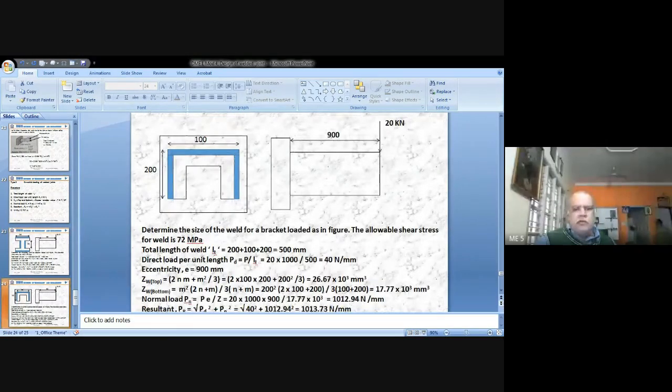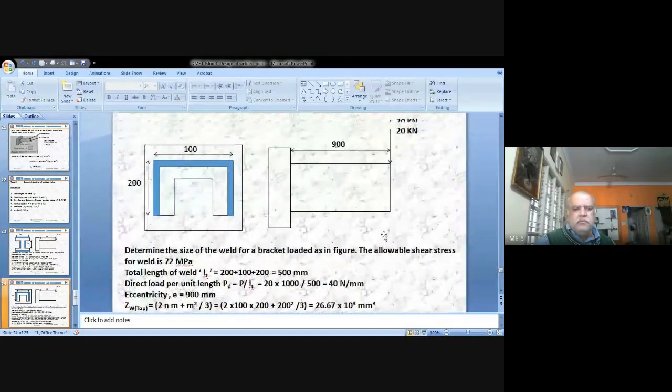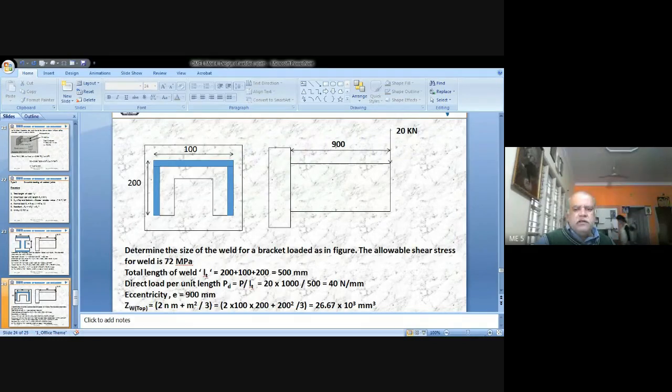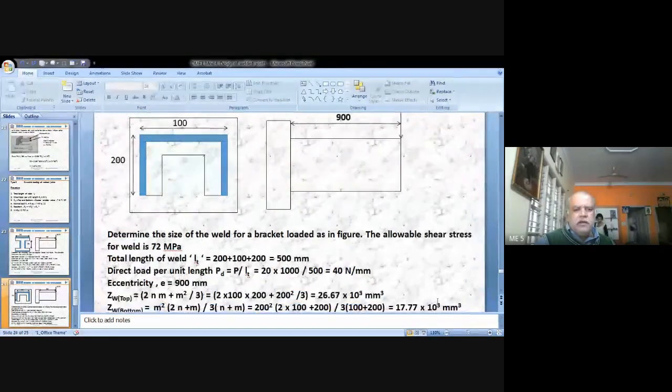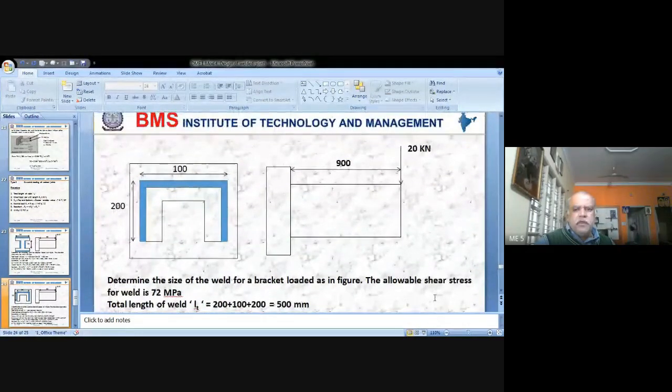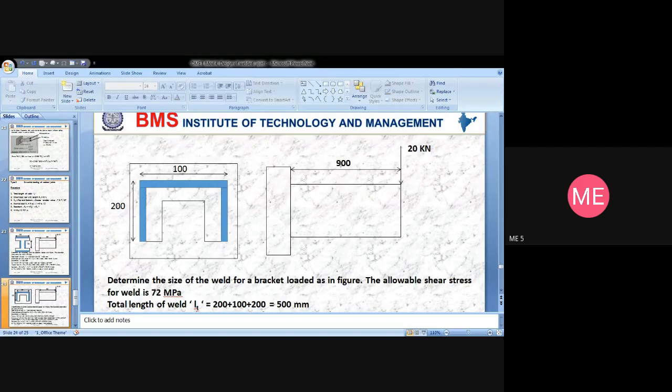Please note down this problem. Determine the size of the weld for a bracket loaded as shown in figure. The allowable shear stress for the weld is 72 megapascal. Note down the sketch and solve the problem.